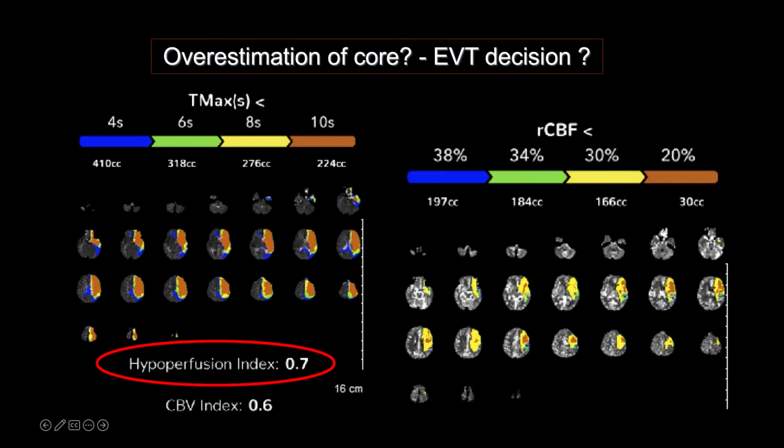I can see a lot of reds or a lot of Tmax of 10 seconds in that area. And the CBF, if I look at the different thresholds, if I decide to use that 20% threshold, because this is in that early, couple of hour window, that's 30 cc. I go up to the 30% threshold, I get 166 cc.